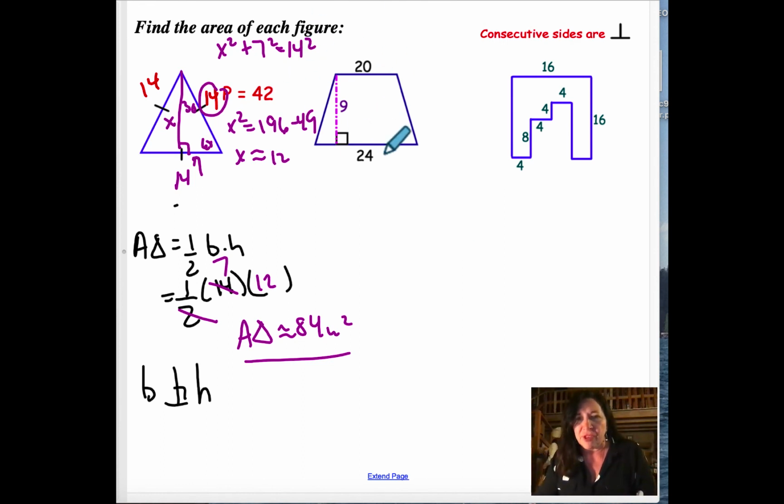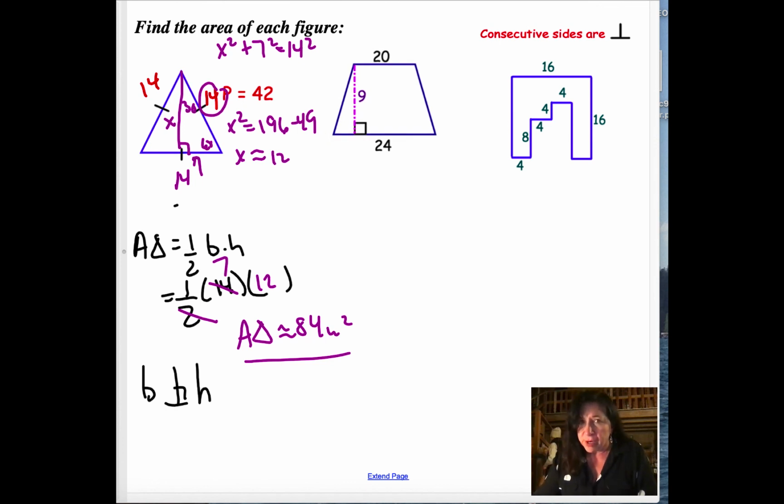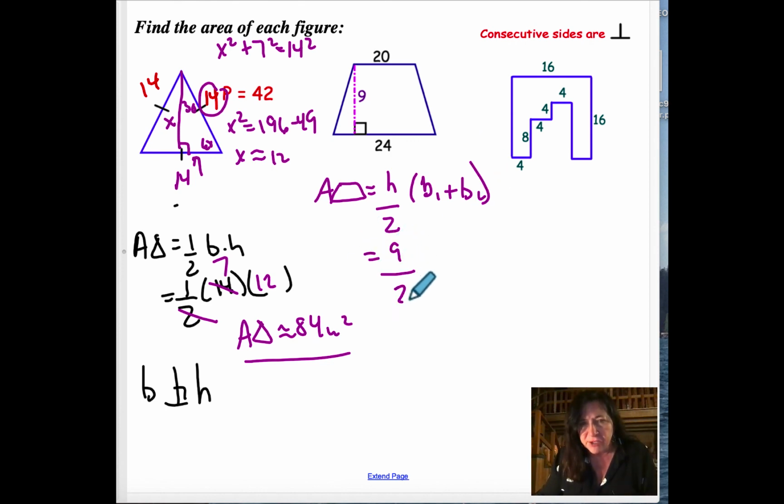Okay, for this problem here, this looks like it's a trapezoid. And so if this is a trapezoid, the area of a trapezoid is going to be height divided by 2 times the sum of the bases. So base 1 plus base 2. So that means my height is 9. So 9 divided by 2 times the sum of the bases, which is 20 plus 24.